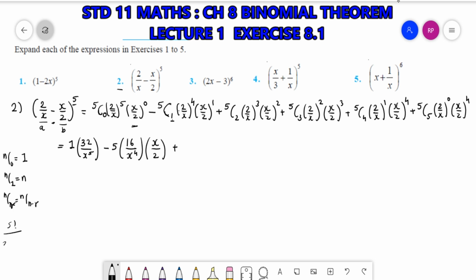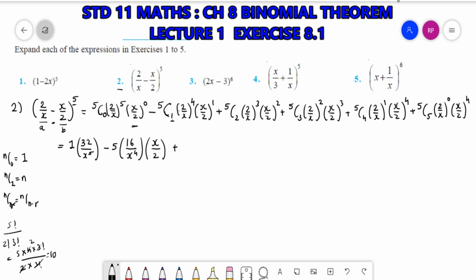5 factorial upon 2 factorial, 5 minus 2, 3 factorial. This will be 5 into 4 into 3 factorial upon 2 factorial and 3 factorial. So 2 ones are 2, 2 twos are 4, so 5 twos are 10.